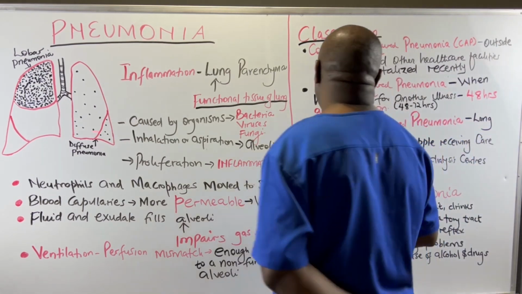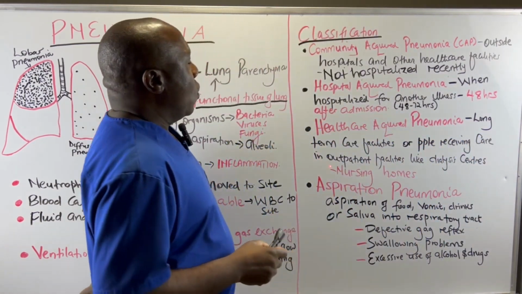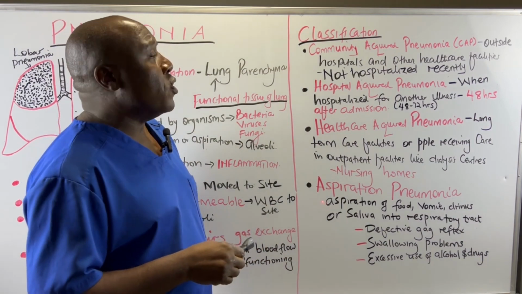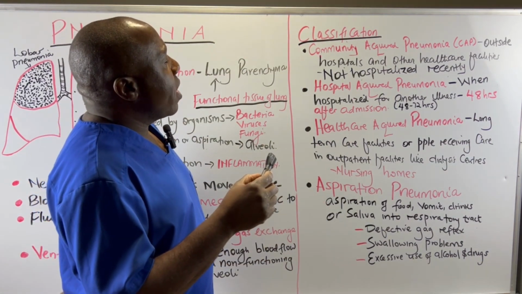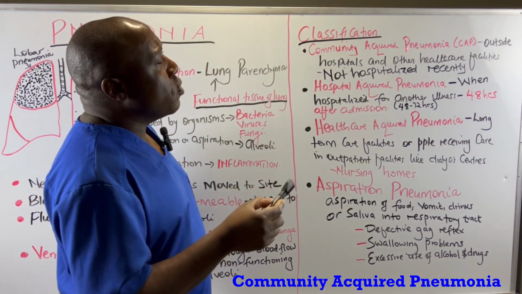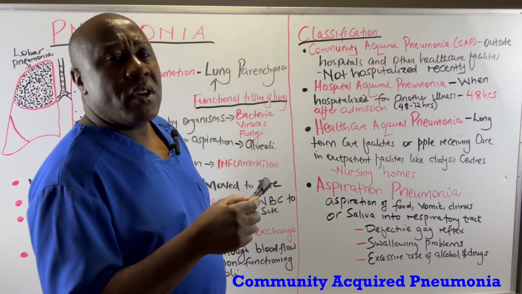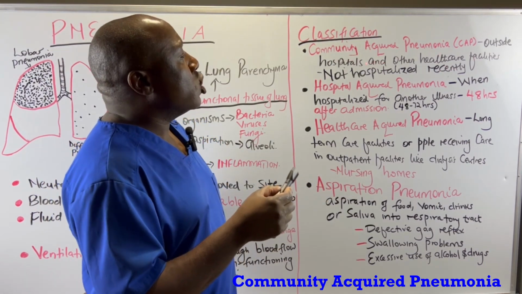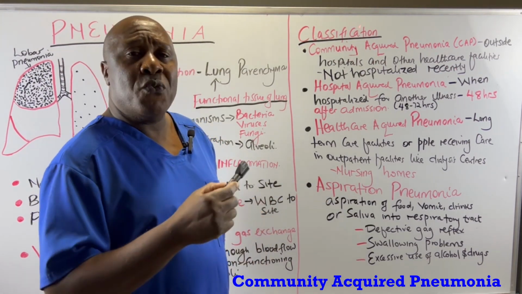Now, we have 4 classifications of pneumonia. One, we have community-acquired pneumonia. Community-acquired pneumonia is pneumonia which is contracted outside hospitals and other healthcare facilities.